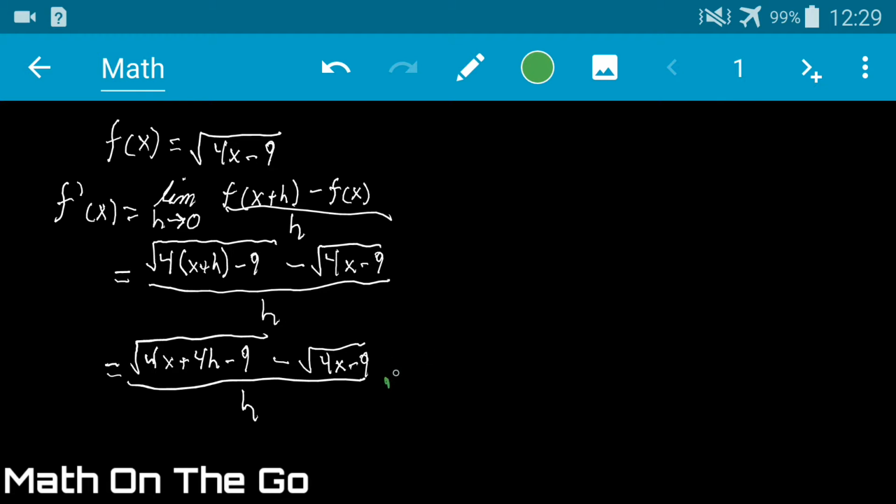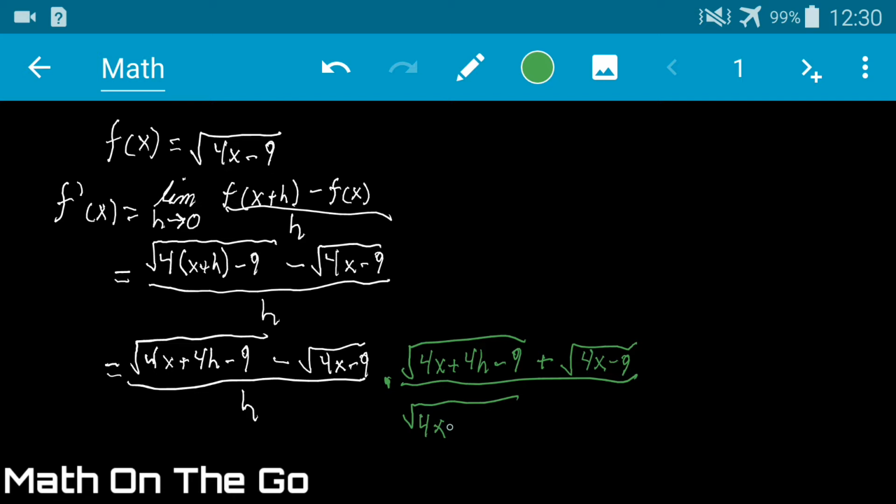We'll have multiplied by the square root of 4x plus 4h minus 9 plus the square root of 4x minus 9, and we'll have the same thing in the denominator. So we'll have the square root of 4x plus 4h minus 9 plus the square root of 4x minus 9.